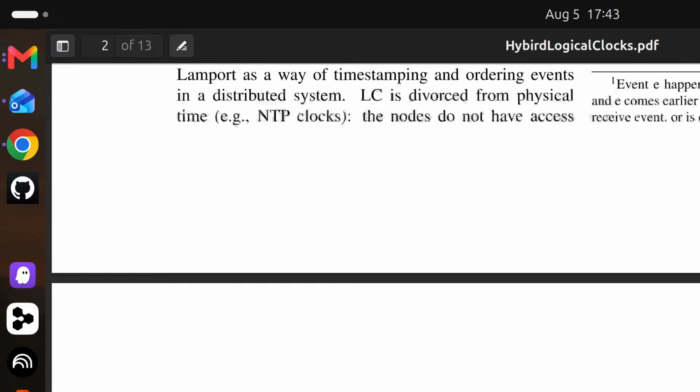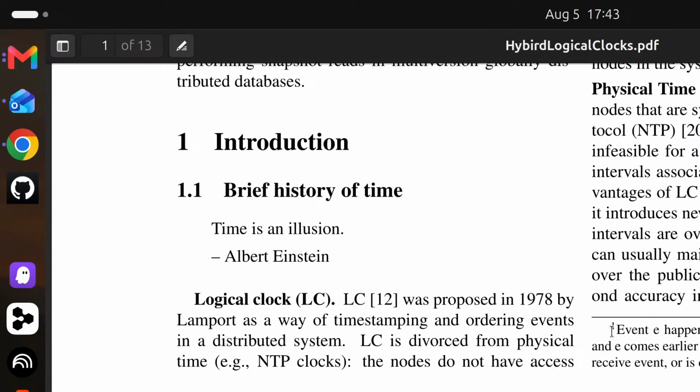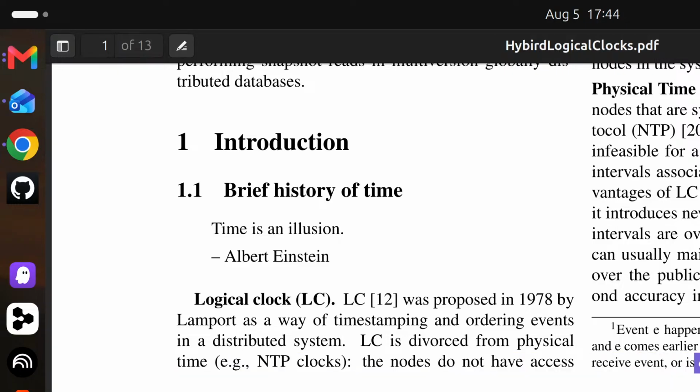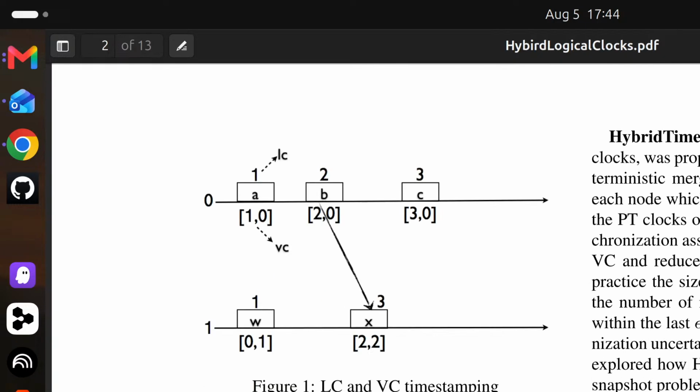Event E happened before event F if E and F are on the same node and E comes earlier than F, or E is a send event and F is the corresponding receiving event, and the value changes based on the previous two.